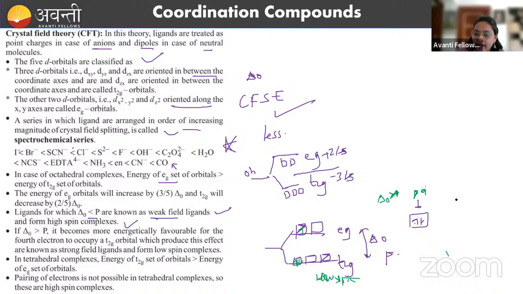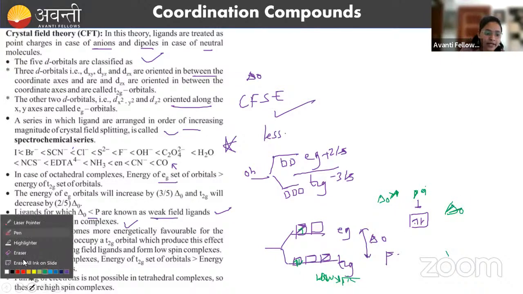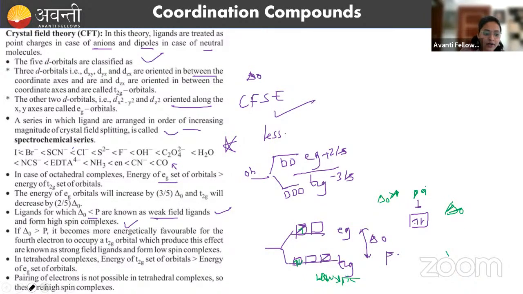Okay. If delta naught is less than P, what will happen? The complex will be weak field, means pairing जो delta naught जो हमारा difference है, gap है, that is less. So what will happen? The next incoming electron is going to fill into the upper orbitals.